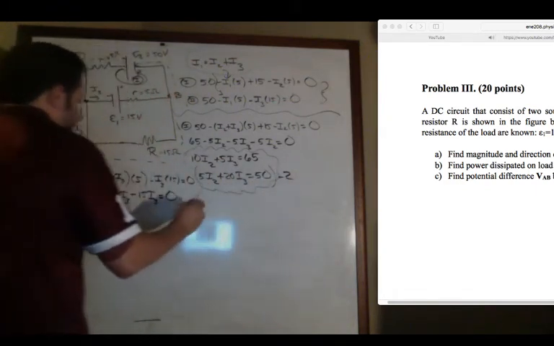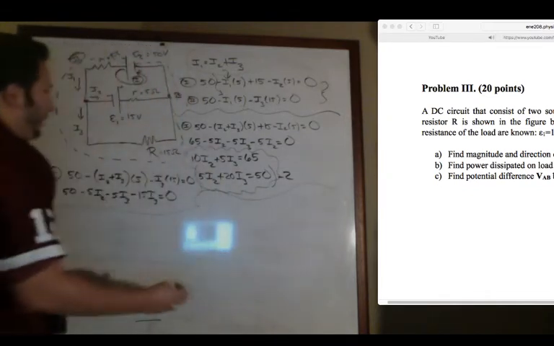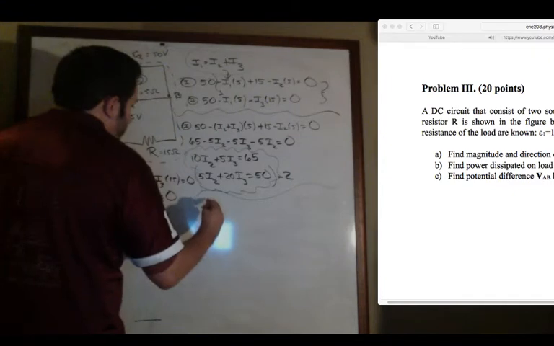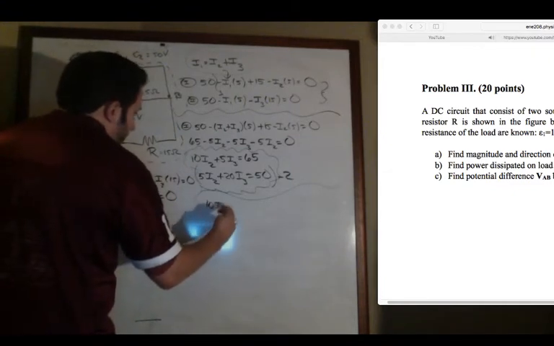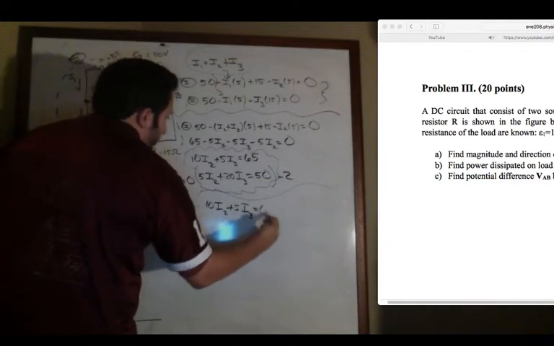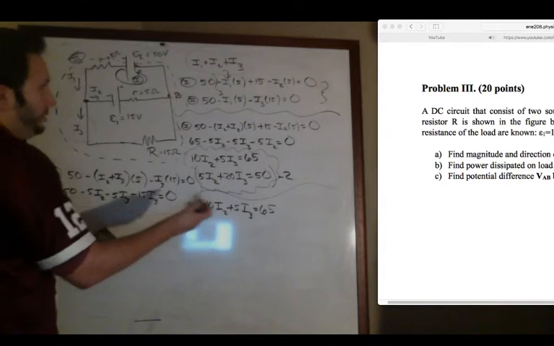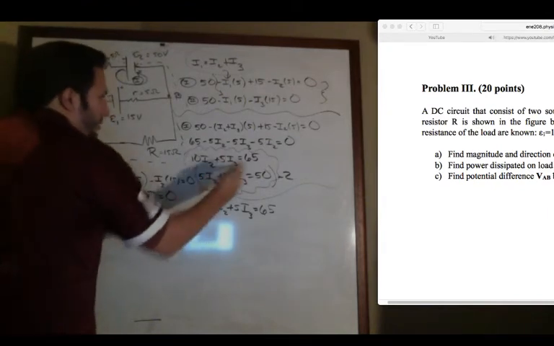And so now let's go ahead and rewrite my equations again. I know the math can get kind of messy, but you're just going to have to deal with it, I guess. So 10I2 plus 5I3 equals 65. Hopefully on the exam, the math might be a little bit nicer, but knowing y'all as professors, this literally was an exam question. So that's that one.